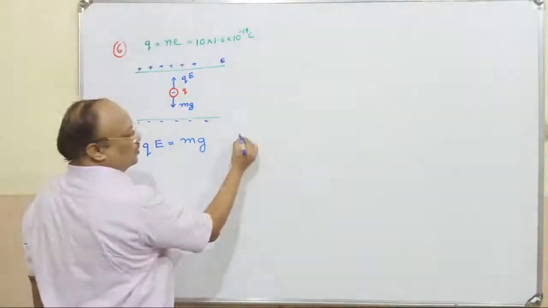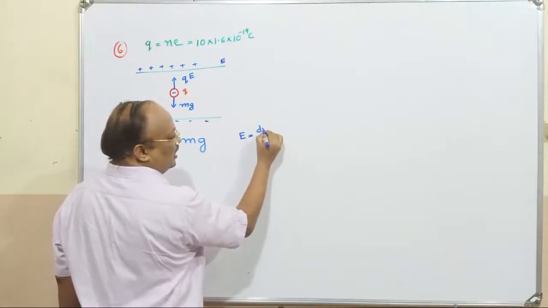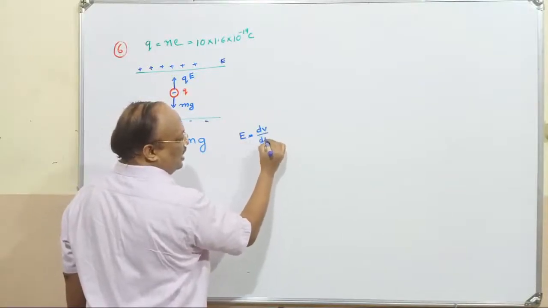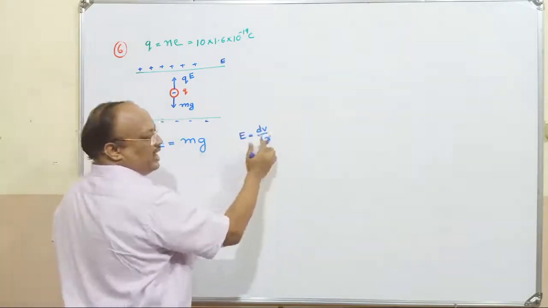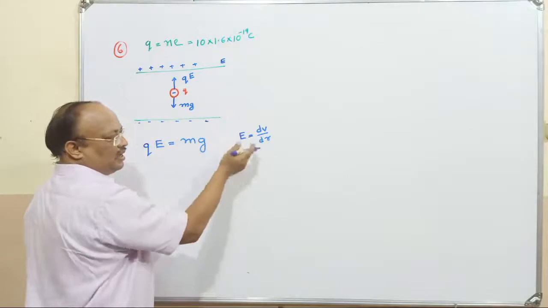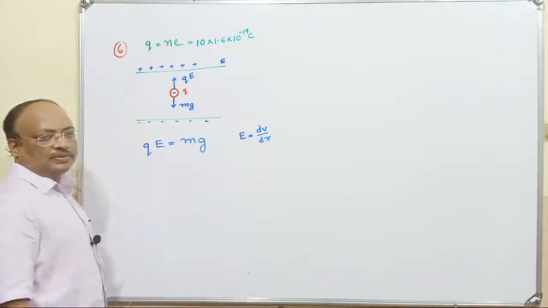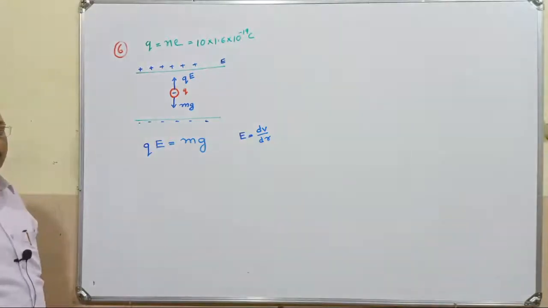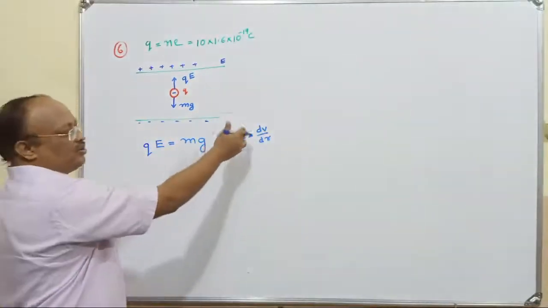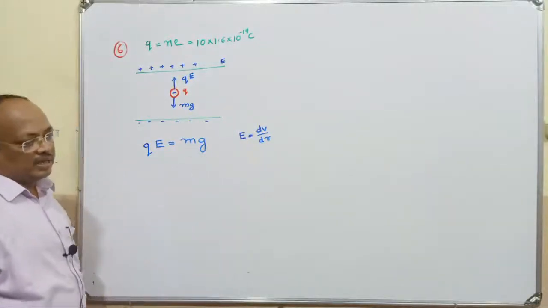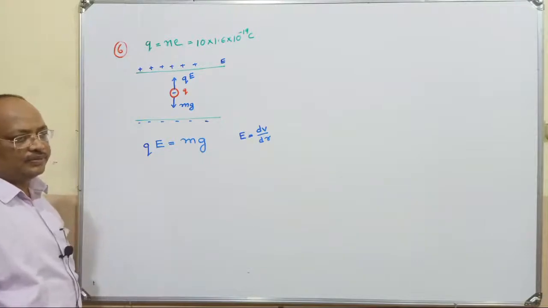So we know E is equal to dV by dr. Of course, the negative sign shows the potential gradient is inverse of this. But magnitude wise, no need to go for that minus sign when we are going only for magnitude of it.